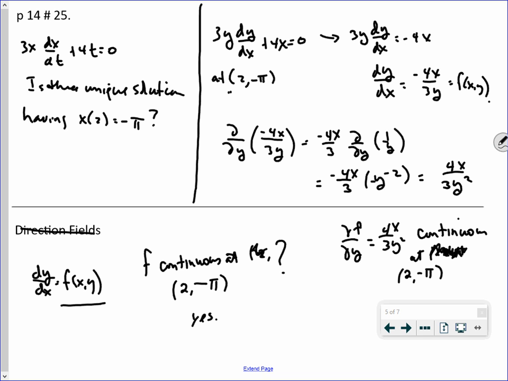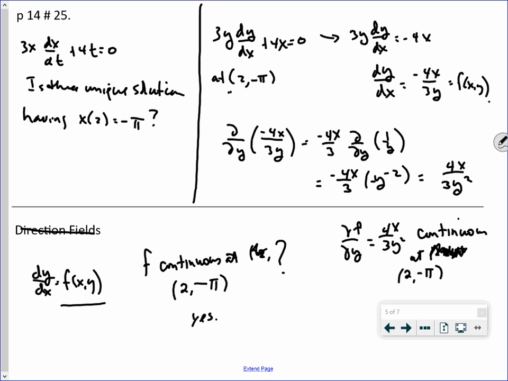Okay, so we've got this differential equation. We looked at the function on the right, and its partial with respect to y. Both of those are continuous at the point in question.